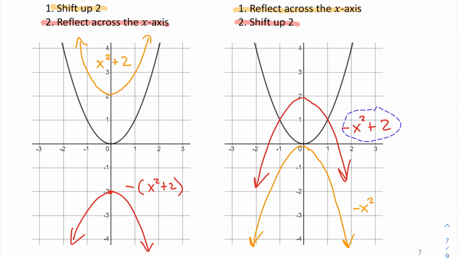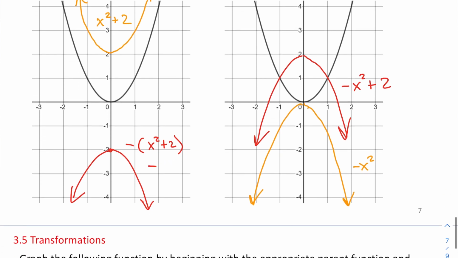Negative x squared plus 2 is not the same thing as negative of x squared plus 2. In fact, with this first one here you can distribute that negative and write it as negative x squared minus 2. And now you can see without parentheses why the red graph in the right picture doesn't have the same rule as the red graph in the left picture. That's why their graphs aren't the same.